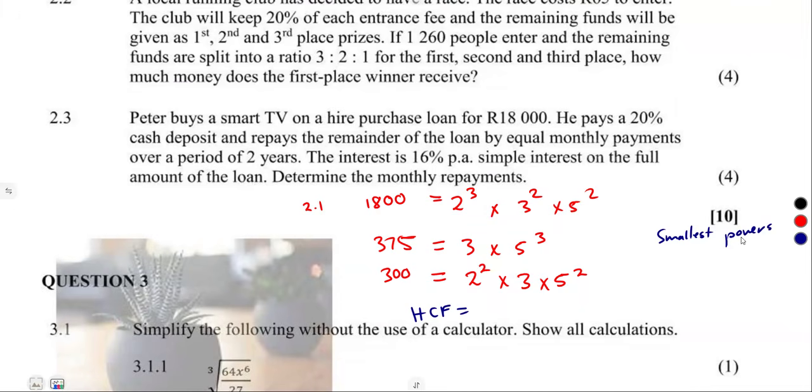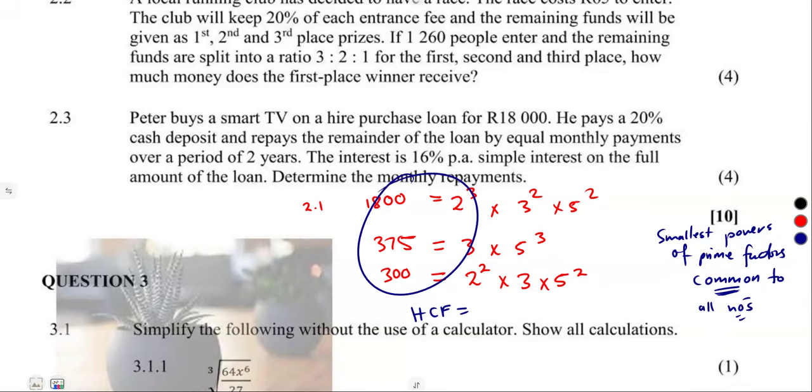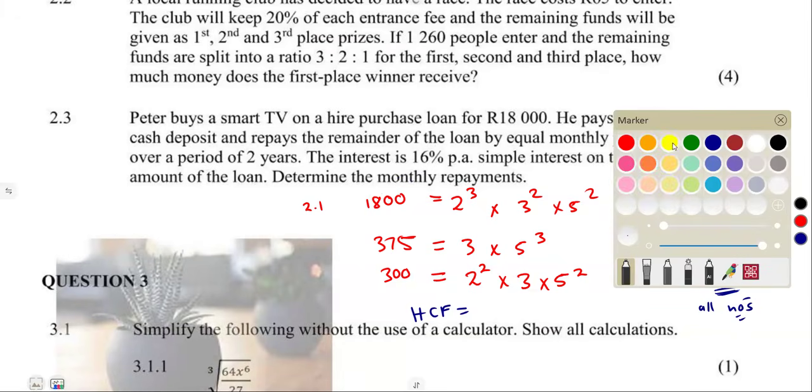Where you've got the smallest power of the prime factors common, supposed to be common to both numbers. All right, in this case, common to all these numbers that you're given.